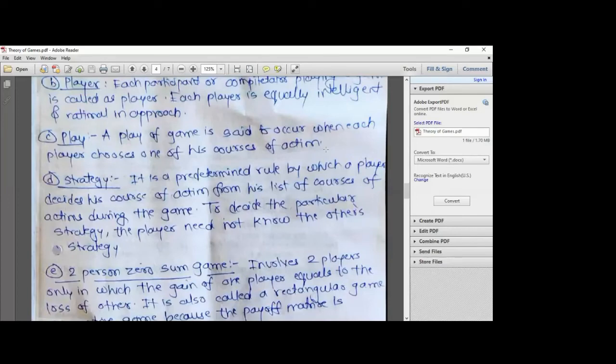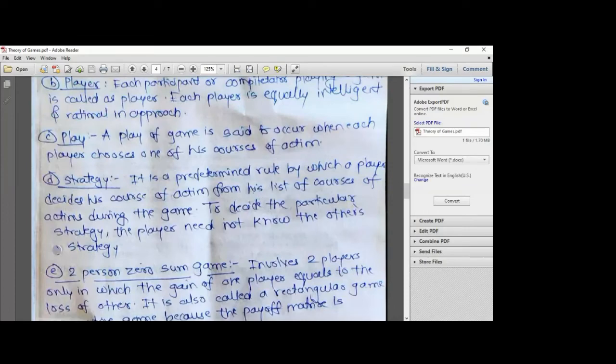He does it in a rational manner, and when taking any decision he does not know what the other player's strategy will be. He is going to decide his own strategy, right?